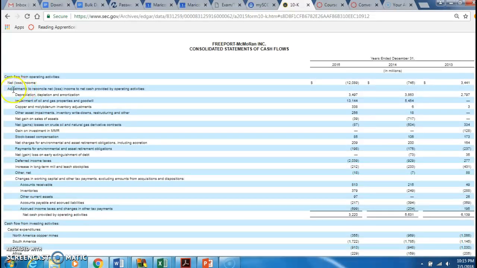So there are many adjustments that are listed in this section. The first four adjustments, that go from depreciation, depletion, and amortization, involve expenses or adjustments such as depreciation, right here, or the inventory adjustments.